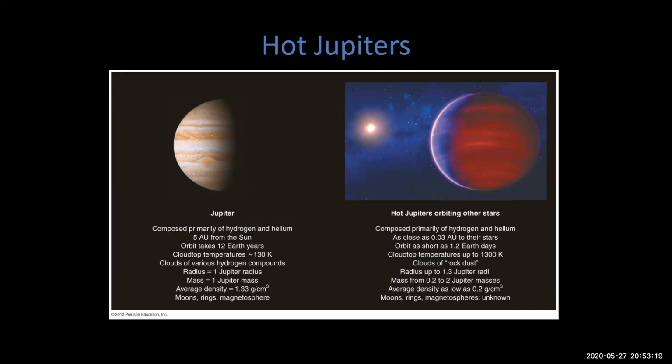If it comes close to the star, that enhances that gravitational effect. So if it's on this eccentric orbit, tides are very, very strong at certain periods.